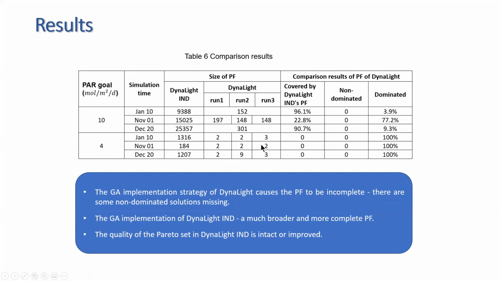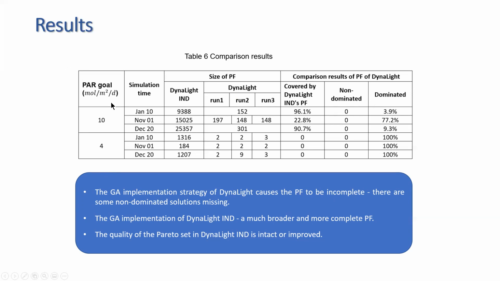Then we compared the Pareto frontiers from the old version with the new version. There are 3 possibilities for the comparison results. Some of the solutions from the old version may be covered by the new version's Pareto Frontier, or they are non-dominated, or dominated by the new version.